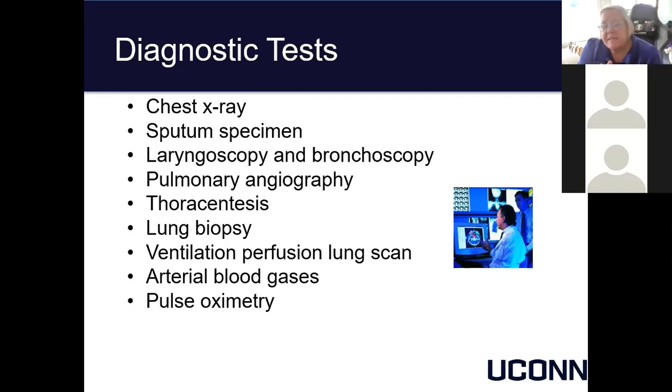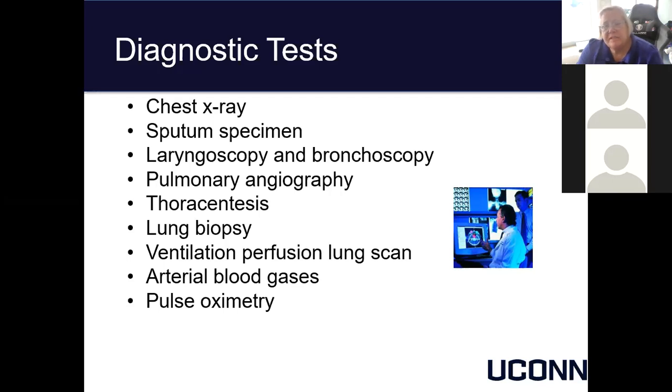Lung biopsies to check for tissue, particularly when tumors, nodules, and other things are seen, to see what's going on. A ventilation perfusion lung scan. And again, this is done when there's a perception that the blood flow is being blocked getting into the lungs for some reason, often a pulmonary embolism.